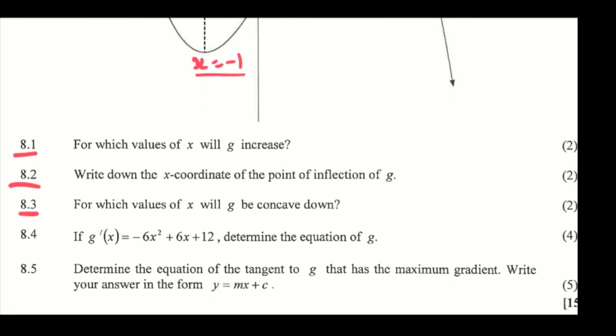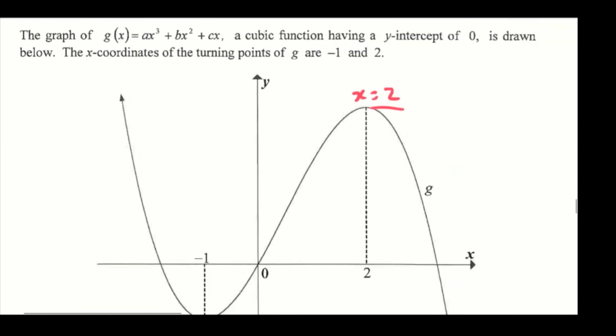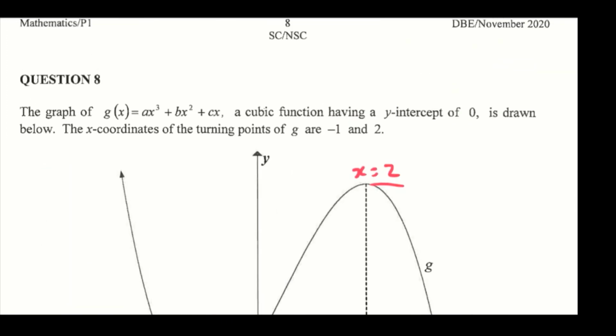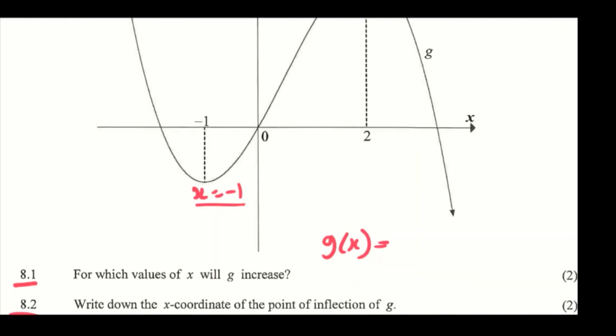So now 8.4 says that if g prime of x is equal to this, determine the equation of g. So remember that the equation of g we were given is ax cubed plus bx squared plus cx, right?